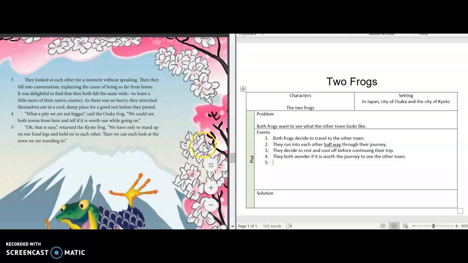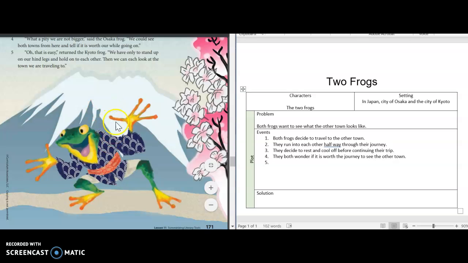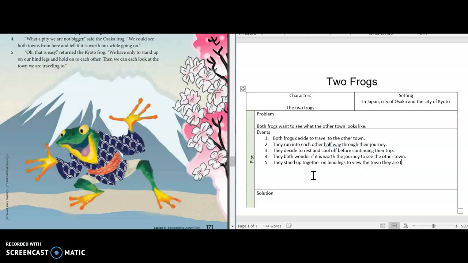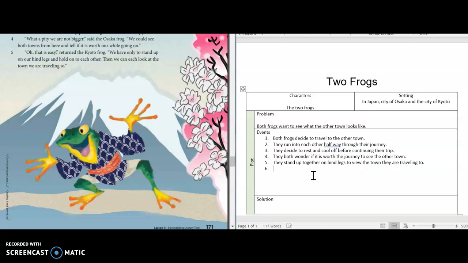After that, they come up with this plan, and they basically stand up on their hind legs and they hold on to each other to look at the town they're traveling to. So they stand up together on hind legs to view the town they are traveling to.